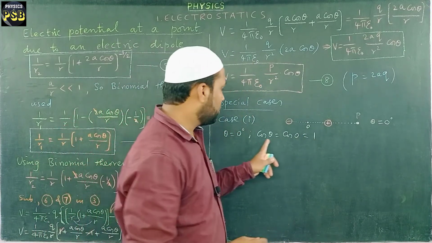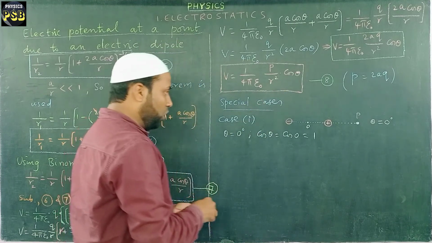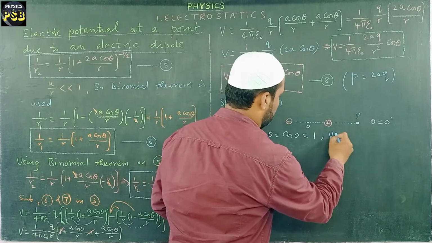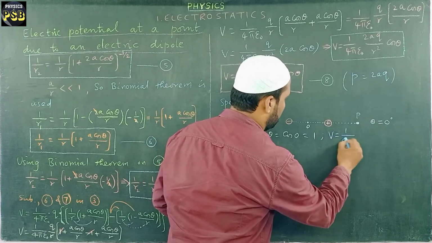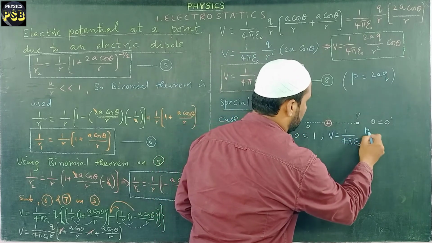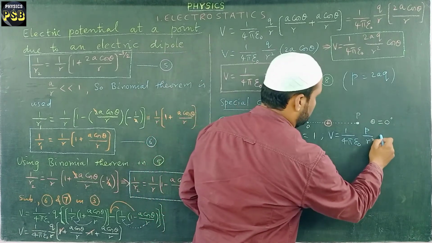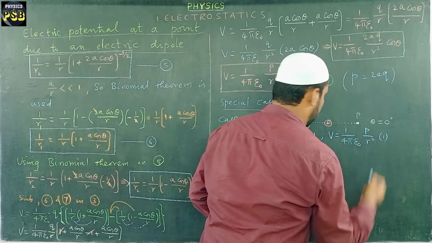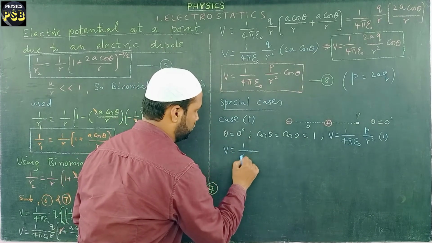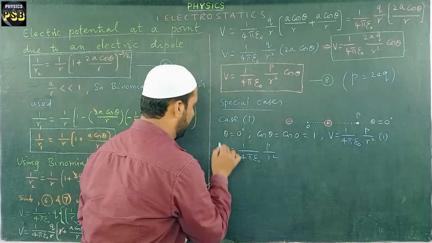If I substitute the value of cos theta in equation number 8, I will get the value of V. So V is obtained as 1 upon 4 pi epsilon naught, p upon r square, multiplied with 1.